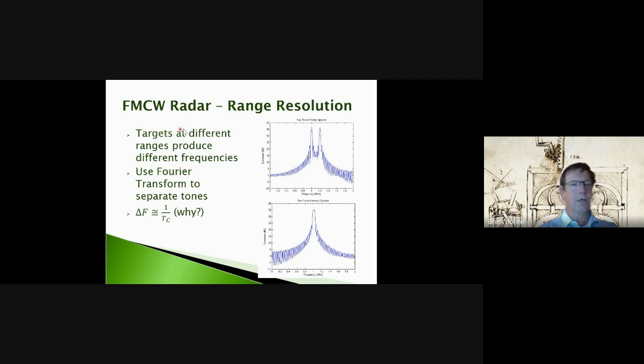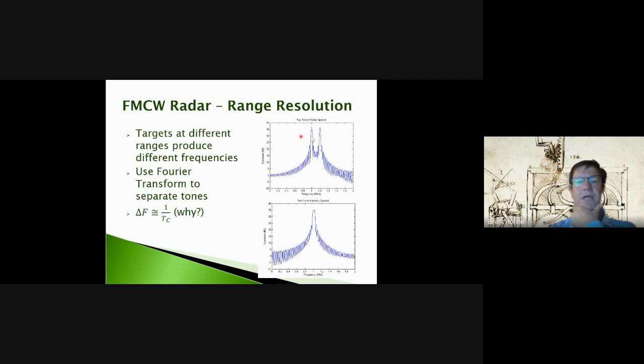So our targets at different ranges produce different frequencies. So we can use the Fourier transform to separate tones, right? Here we have 2 tones that are widely spaced. We do this Fourier transform, and then we look in the bins associated with it.